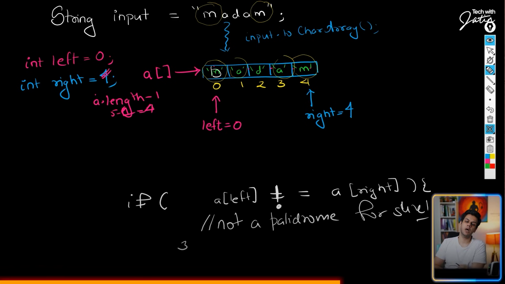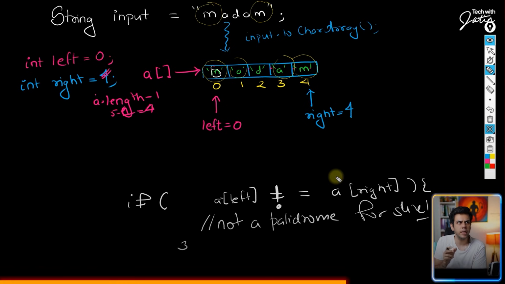Alright. Now, the thing is, in our main question, we are going to have characters which are going to be in uppercase. We are also going to have characters which are going to be non-alphanumeric, right? So over here, this comparison needs to be done only for alphanumeric characters.